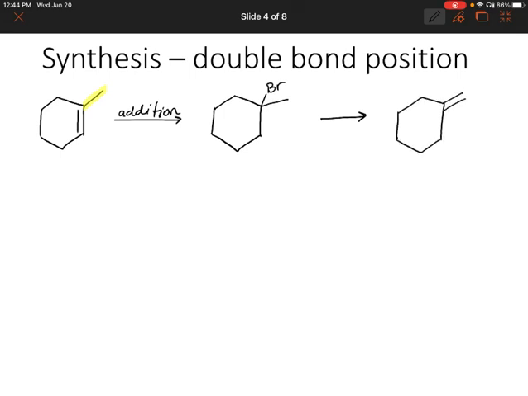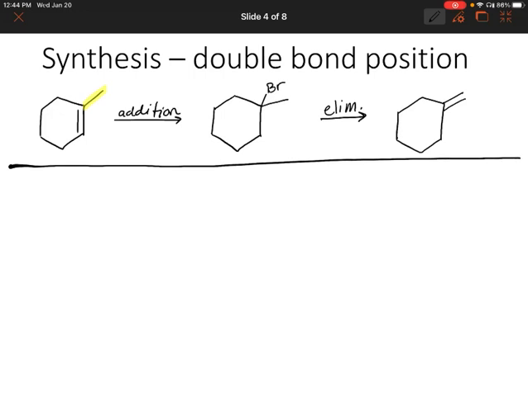And in order to get that double bond, we need to perform elimination. So again, we're alternating between elimination and addition, but this time we start with addition and then go to elimination. Okay, so let's walk through this process and figure out which reagents we would need.